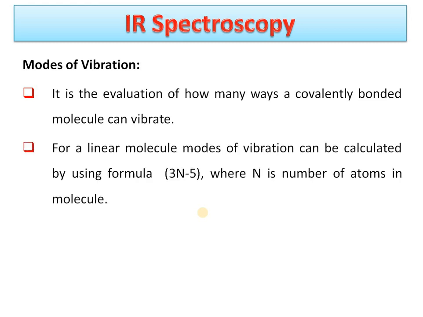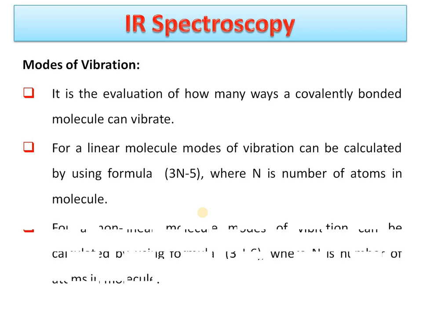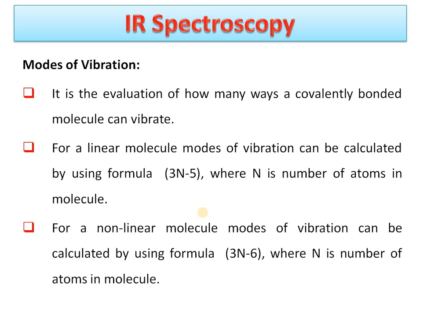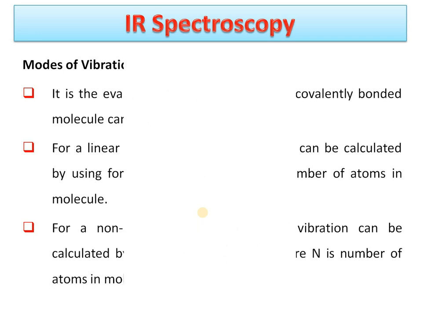For a linear molecule, modes of vibration can be calculated by using formula 3n minus 5, where n is the number of atoms in a molecule. For a non-linear molecule, modes of vibrations can be calculated by using formula 3n minus 6. Here, n is the number of atoms in a molecule.